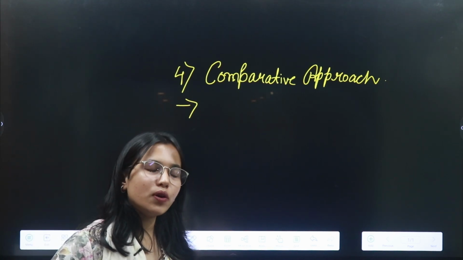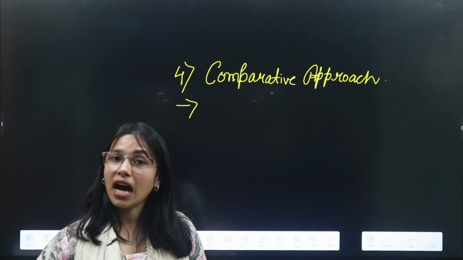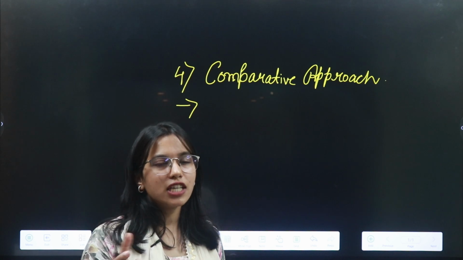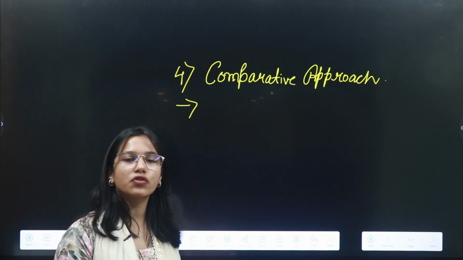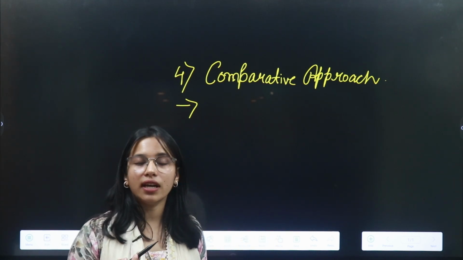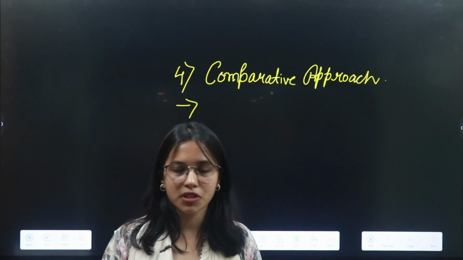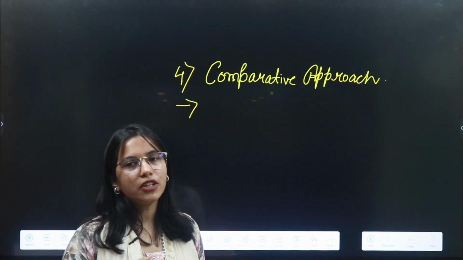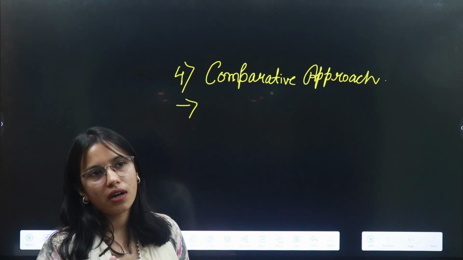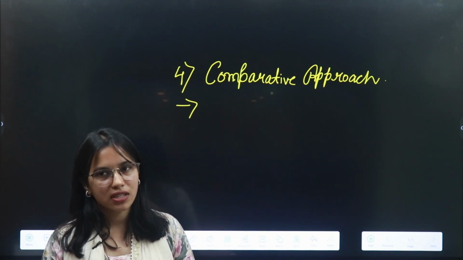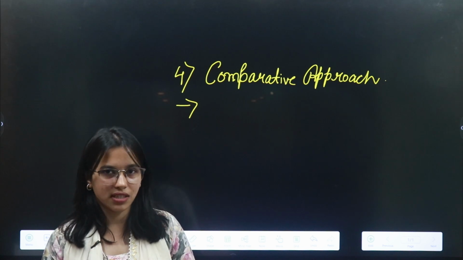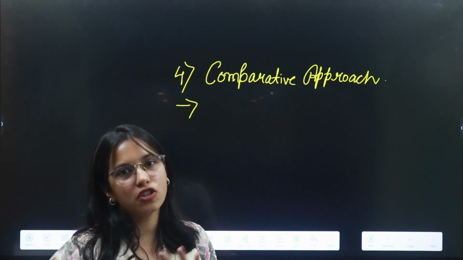The biggest example of the comparative approach is our Indian Constitution. We already know that our Indian Constitution was formulated by taking insights from a number of other constitutions, right? The advisor of the Constituent Assembly, Mr. B.N. Rao, took insights from a number of countries' constitutions and then included a number of laws, rights and everything from those constitutions which he deemed necessary as per Indian society.